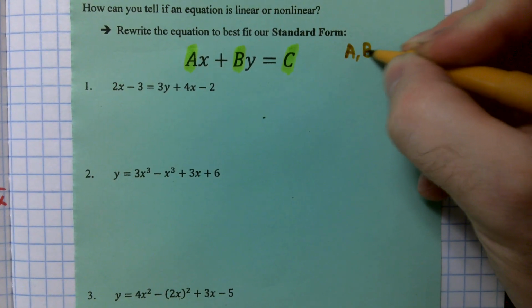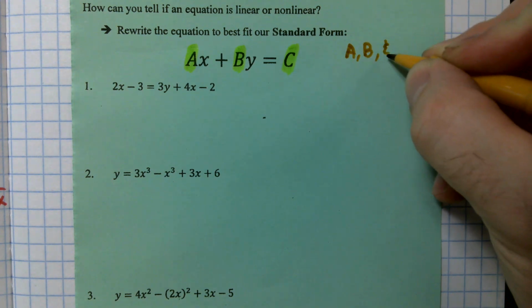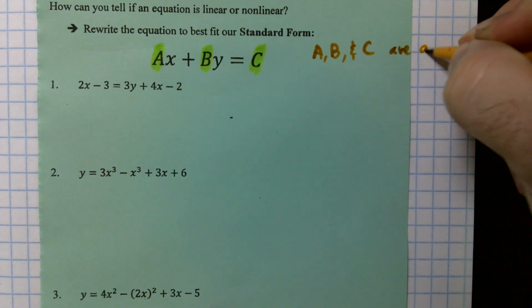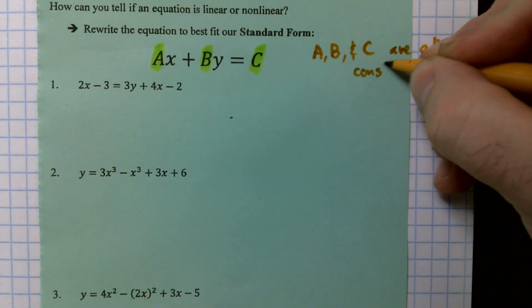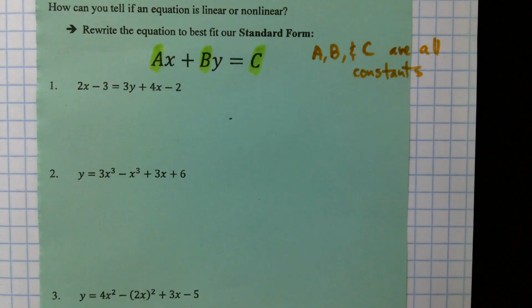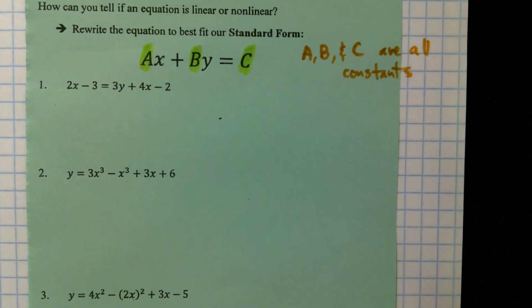A, B, and C are all constants. What's another word for constants? Repeating term, sure. Is x a constant? No. Is 3 a constant? Yeah.